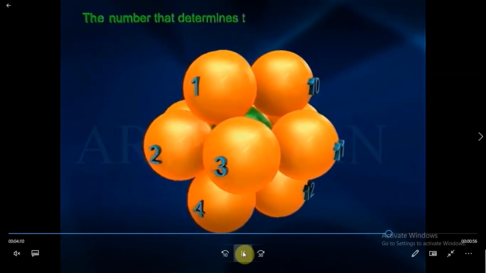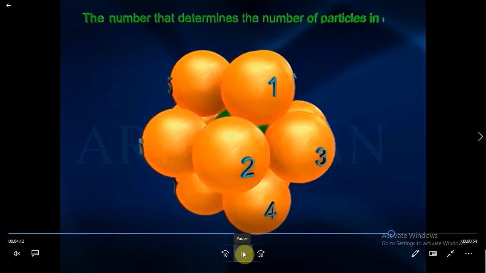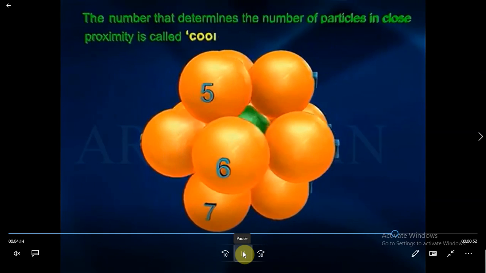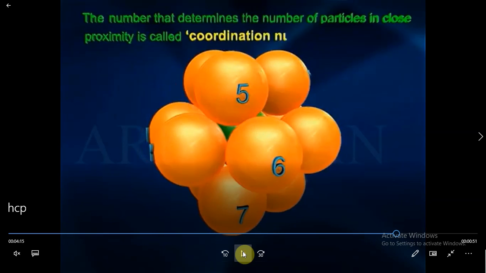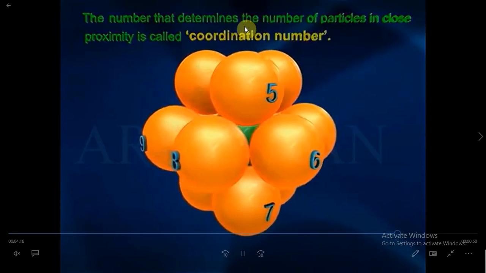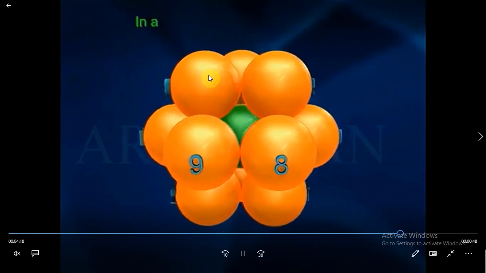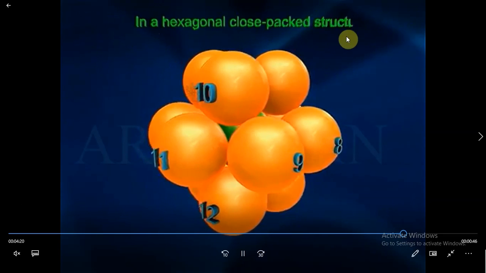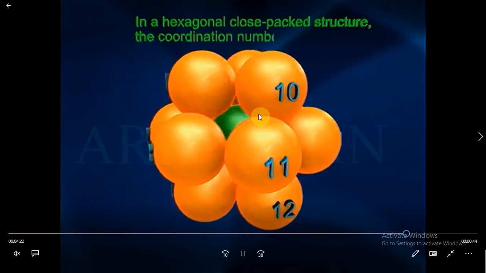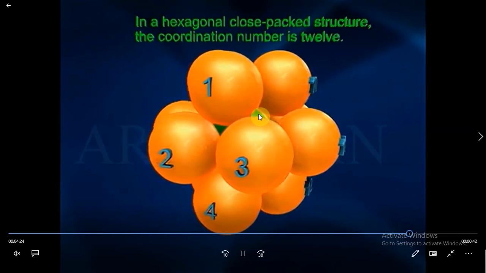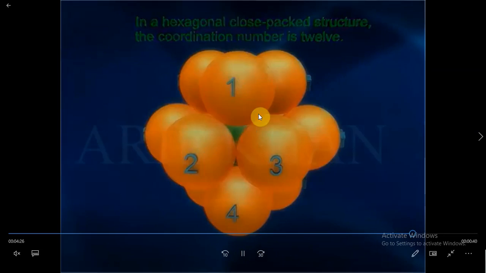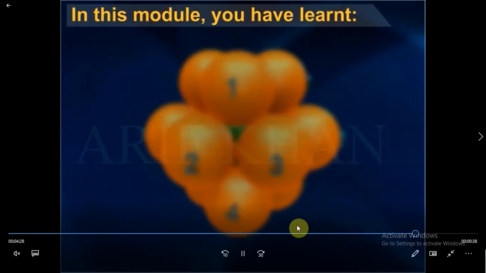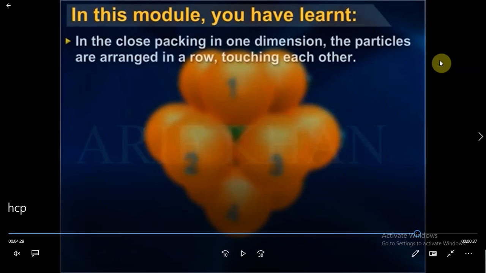So 12 atoms are surrounding one atom in an AB type hexagonal closed pack structure. So we can say that in hexagonal closed pack structure, the coordination number is 12. That is, one atom is coordinating with 12 atoms at a time. Okay. So this was about that.